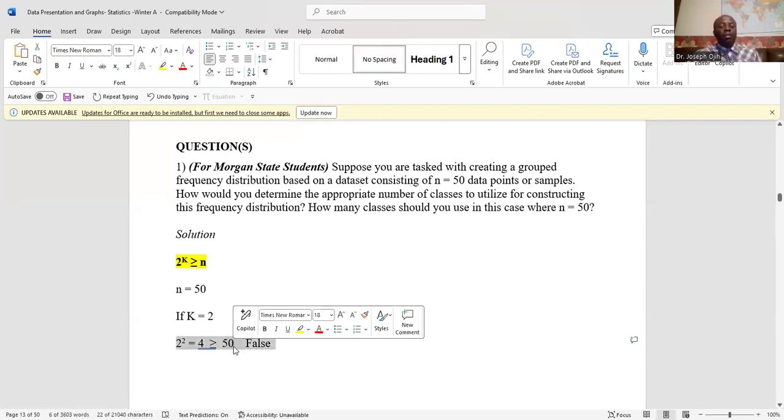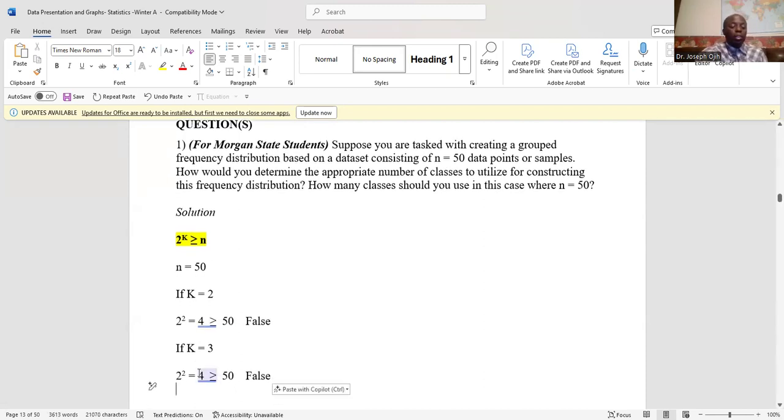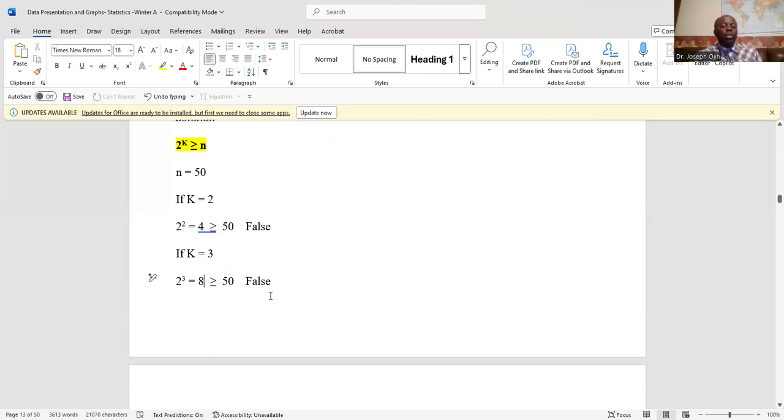That means k cannot be 2. You try another number for k. Let's try 3. If k equals 3, change this to 2 to the power 3. 2 to the power 3 means 2 times 2 times 2, which is 8. 2 times 2 is 4, 4 times 2 is 8. So it is not greater than 50, so it's false. We keep doing that until we get the first one that is greater than 50.